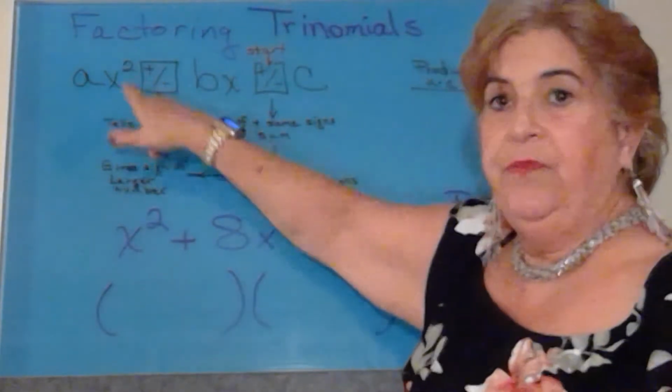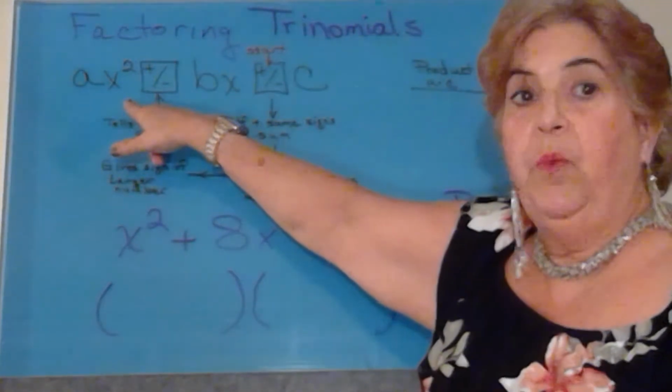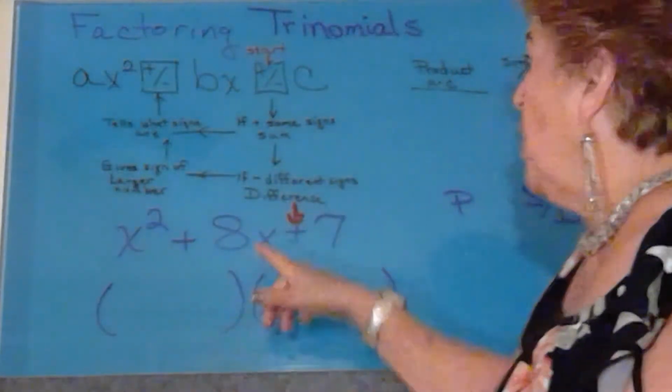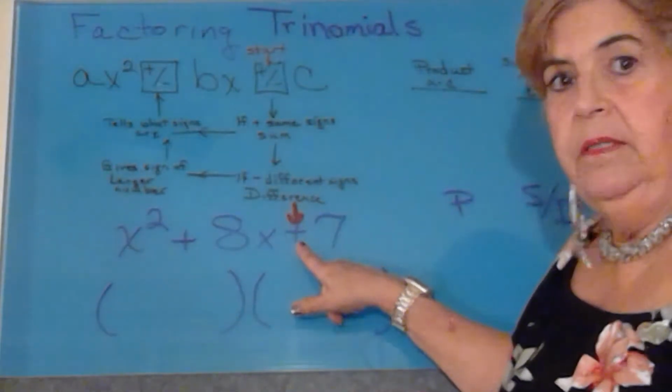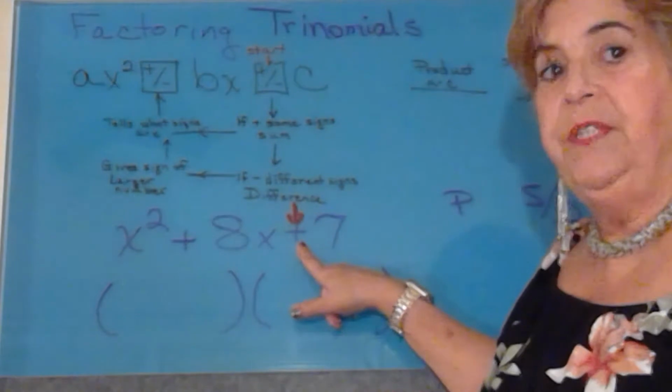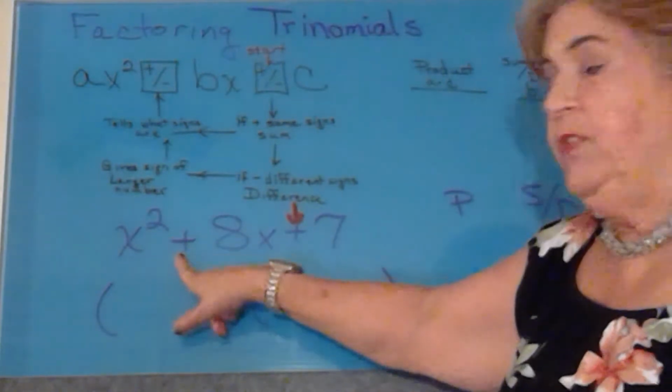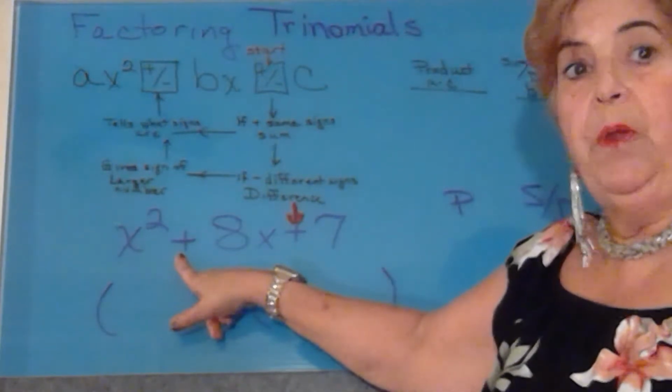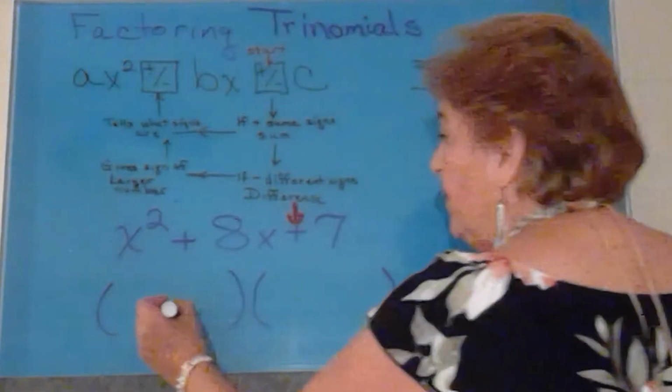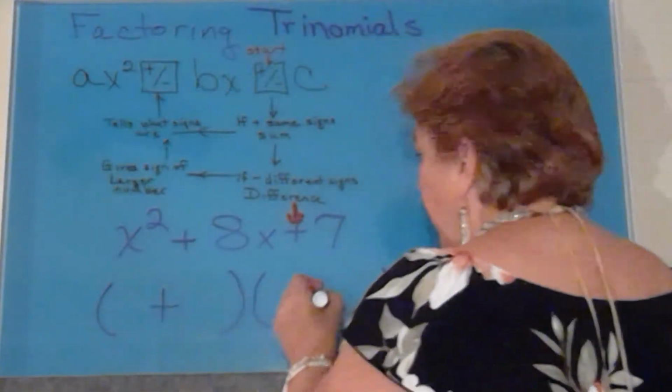This first sign in the problem will tell you what the signs are. So, this being a plus means the signs are the same. Then I go over to this sign, and it tells me that both signs are plus. So I'm going to put a plus here and a plus here.